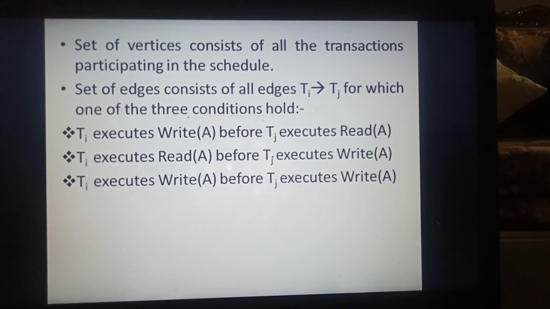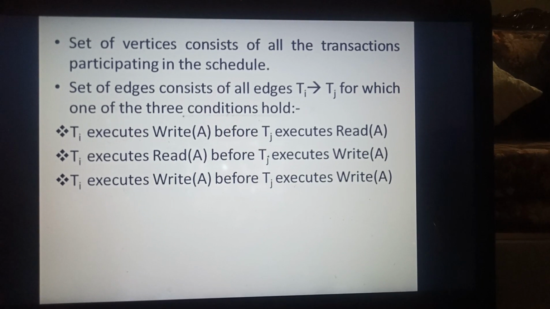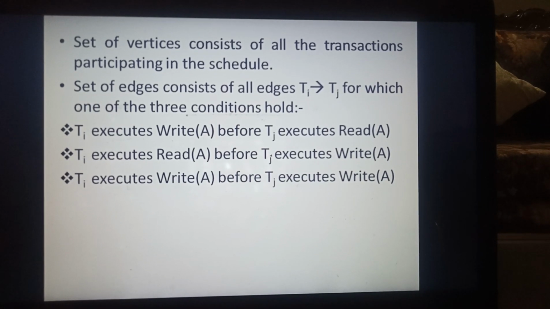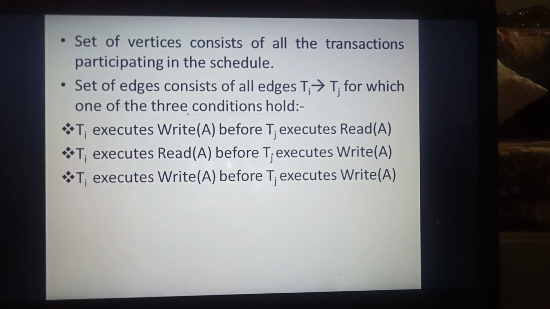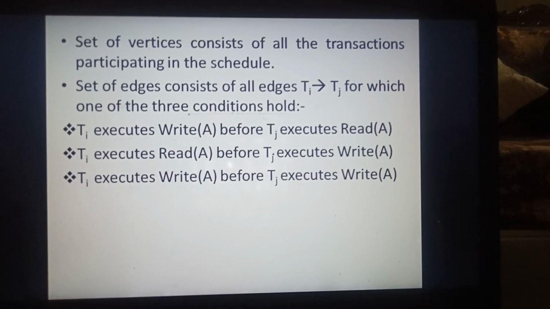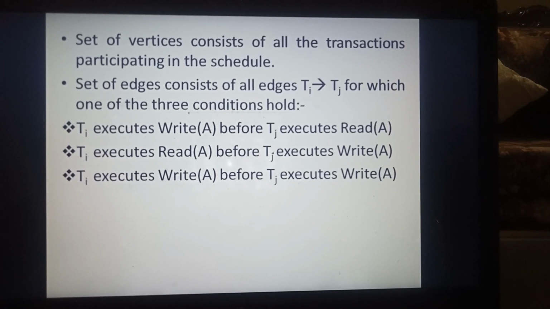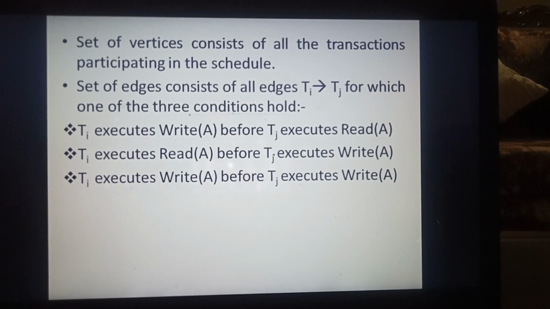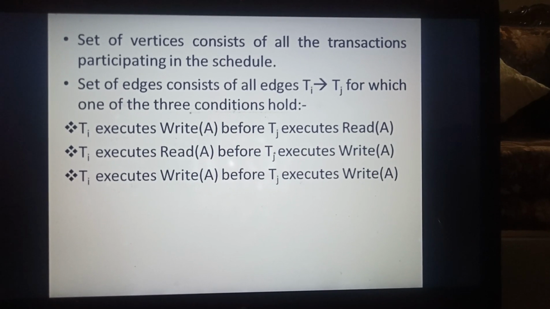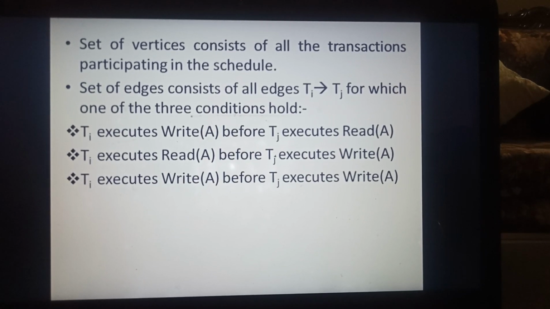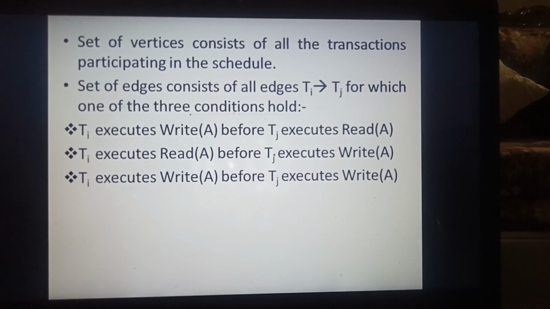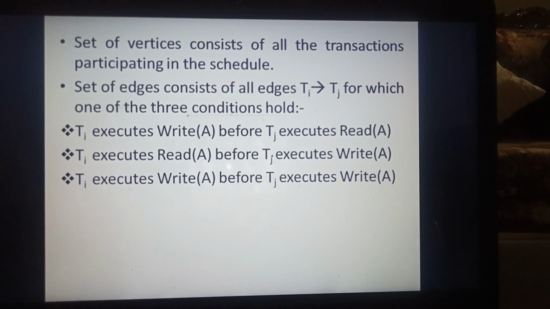Now, set of edges consists of all the edges Ti to Tj for which one of the 3 conditions hold. Now, there will be an edge from transaction Ti to Tj if these conditions hold. First condition is Ti executes write A before Tj executes read A. Means if Ti transaction executes write A operation before Tj executes its read A operation, then there will be an edge from Ti to Tj.